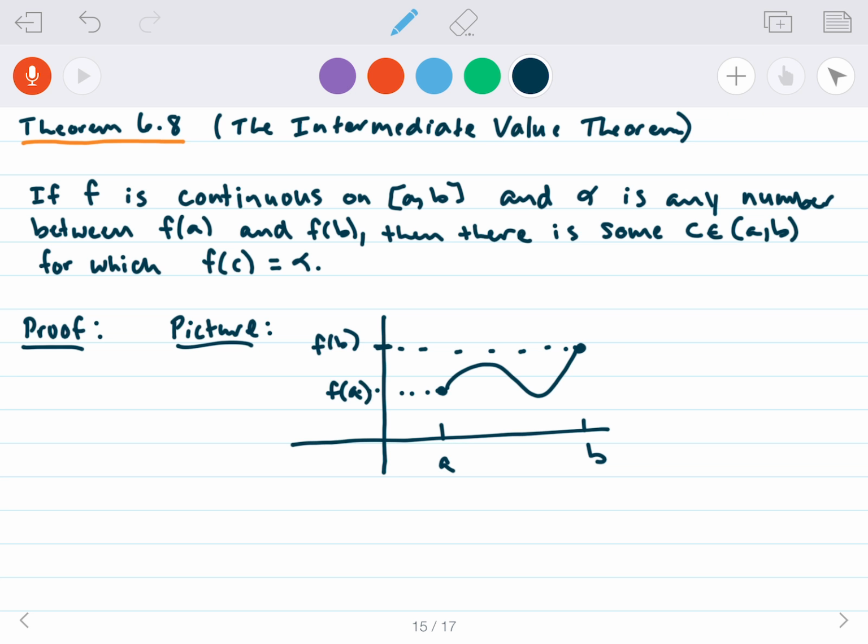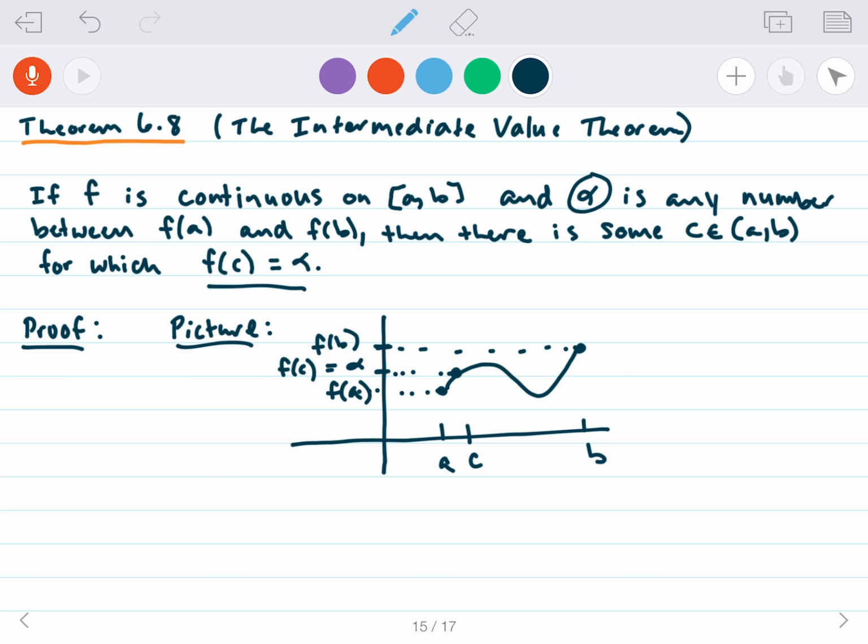Okay, and so we're assuming that alpha is some number between f of a and f of b. So let's say it's maybe right here. So here's alpha. And what the intermediate value theorem is saying is that there's some c in between a and b for which f of c equals alpha. And we can see that this is true from the picture that we've drawn. Our little c is going to be right here. And so this is our f of c.